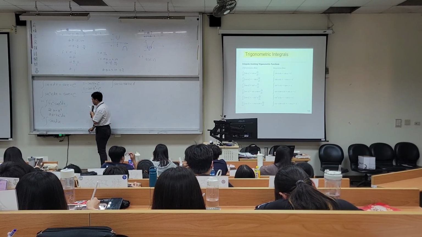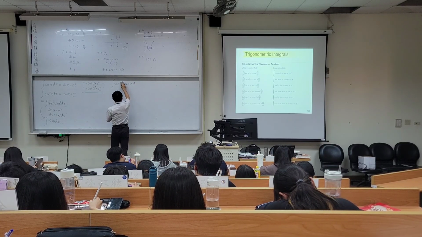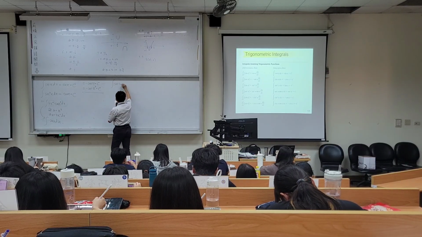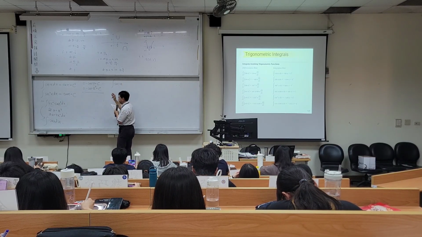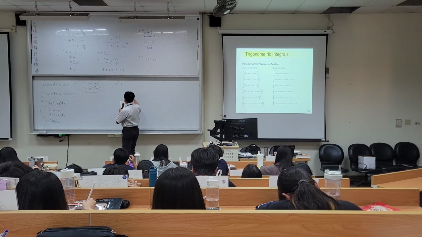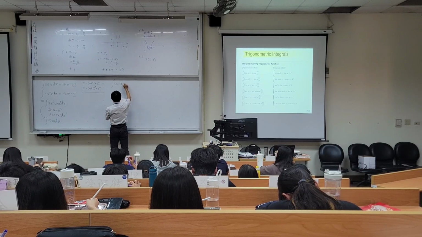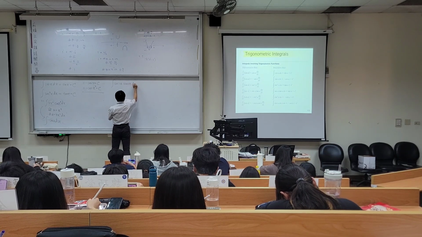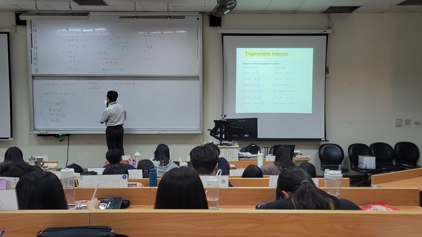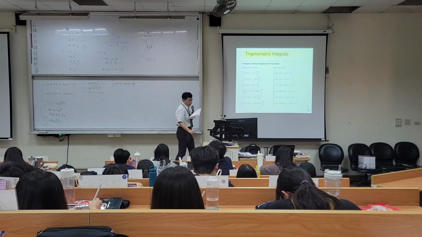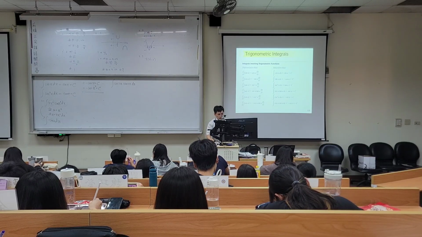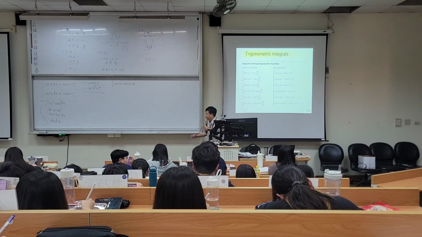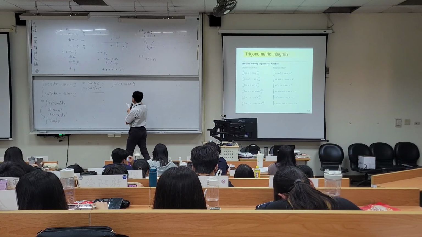I'm sorry, this is 3x, not u. So secant 3x and tangent 3x dx. Okay? And you remember that where? Here. The integral of secant tangent is secant. Okay? So secant tangent gives secant.